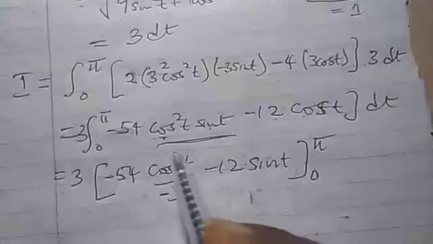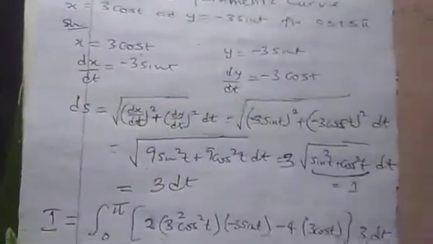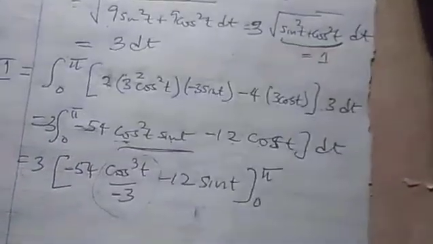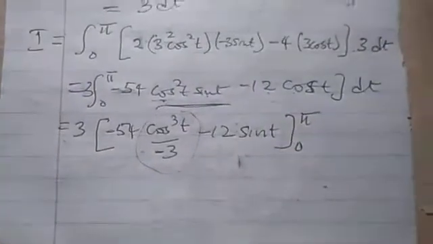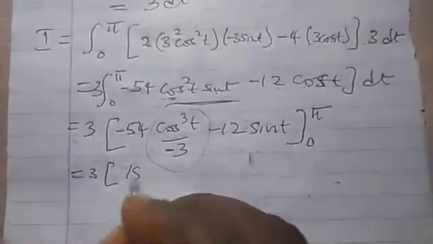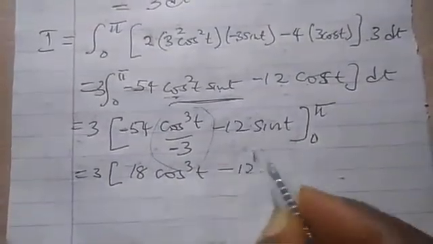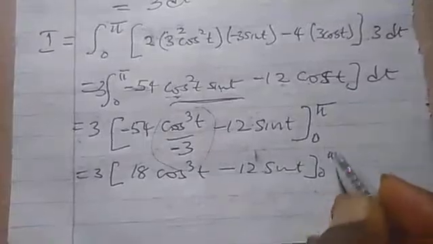Now, that will be an assignment to you: how this becomes what is here. The assignment is that you are integrating cos squared t sin t dt, and I got minus cos cubed t over 3. Now, this one becomes minus 12 sin t, from 0 to pi.